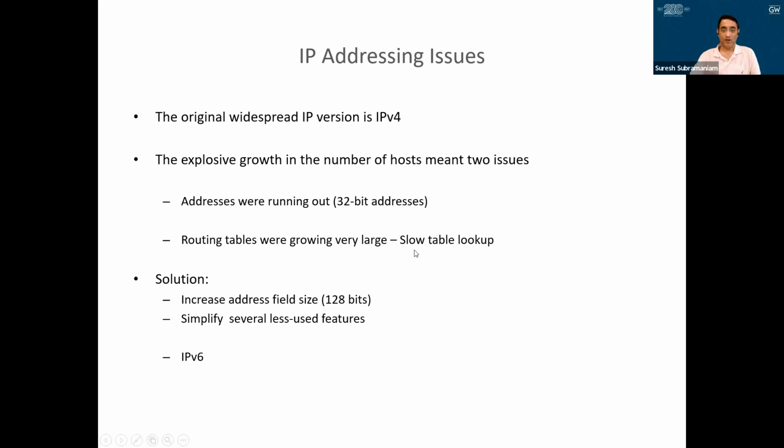This doesn't solve the slow table lookup problem by itself, but the addresses were organized so that they can be aggregated together, and so a router that is in the core of the internet does not have to look at the entire 128-bit address field, but only a small portion of it. So it simplifies the address lookup process. This version is called IPv6, and it's deployed in a number of networks already, but not everywhere in the world.